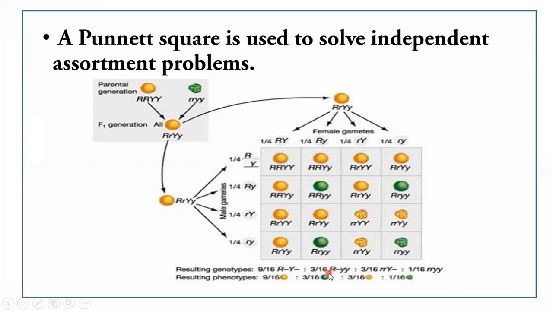While we have 2 other phenotypes in the F2 generation, that is round green and wrinkled yellow. So the round green phenotype or the wrinkled yellow phenotype in the F2 generation were basically non-parental phenotypes. These phenotypes basically came due to independent assortment, or they also came due to crossing over.